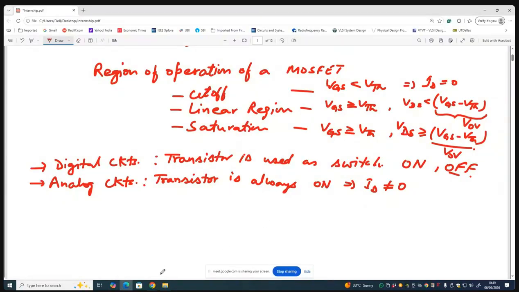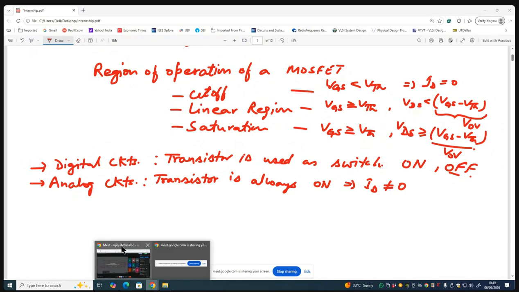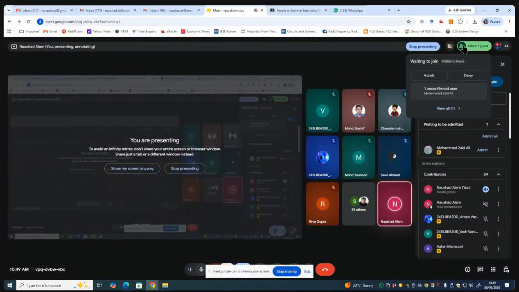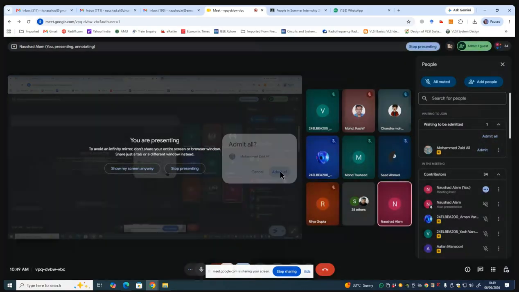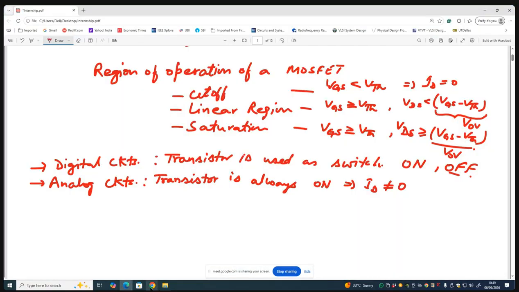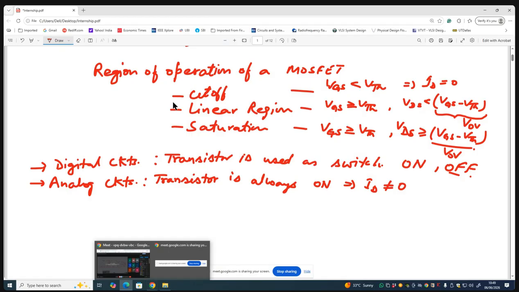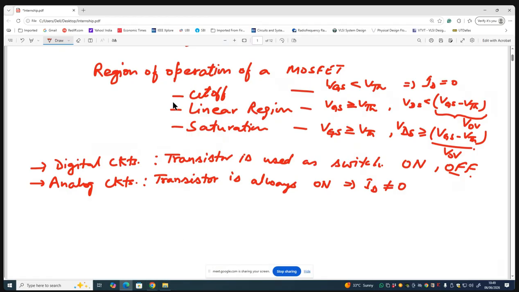You will always have current flowing through the transistor. Now, from the regions of operation we have just seen, there are two regions where the current is non-zero, the linear region and the saturation region. So now there is a question: in which region shall the transistor operate when you are designing an analog circuit, right?